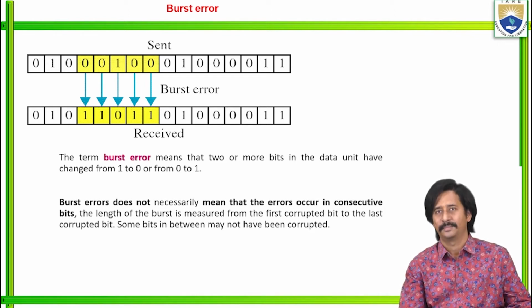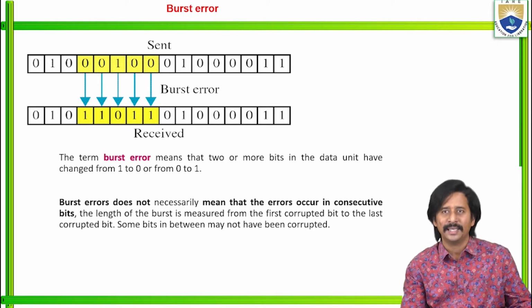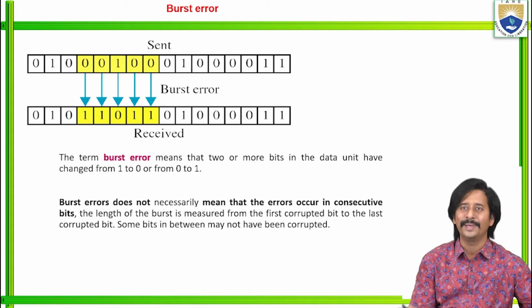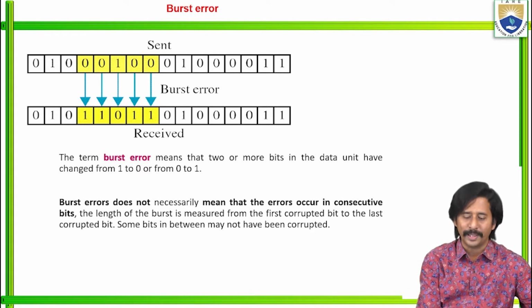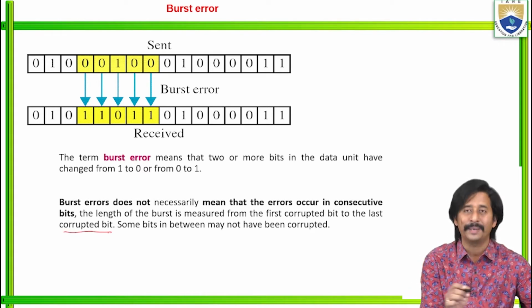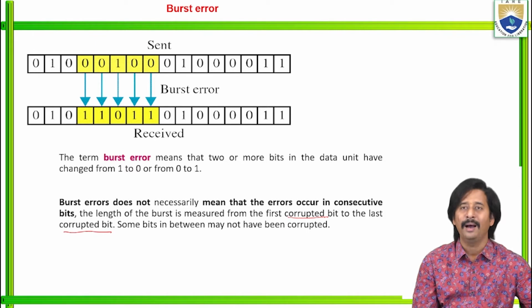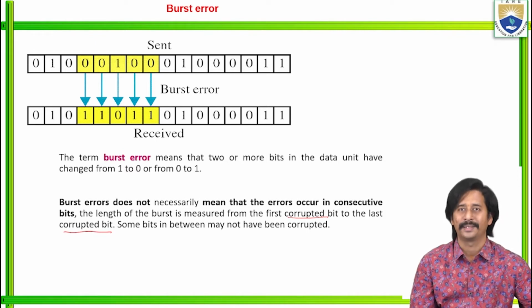But the length of the burst is measured from the first corrupted bit to the last corrupted bit.